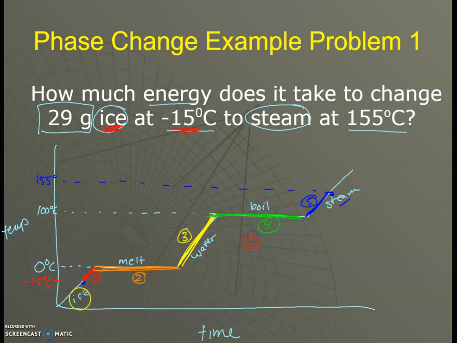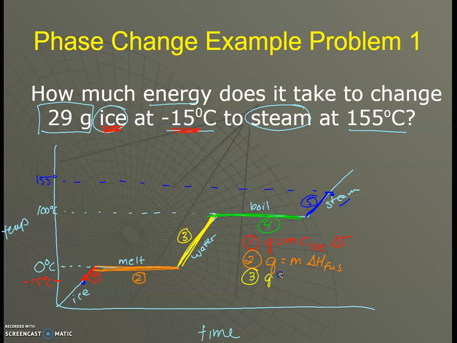So this first part here where the ice is, there is a slope. I'm going to use Q equals mc of ice delta T in order to figure that out. Then in the second part, where it's a flat plateau, I'm going to use the delta H of fusion in order to melt that ice.